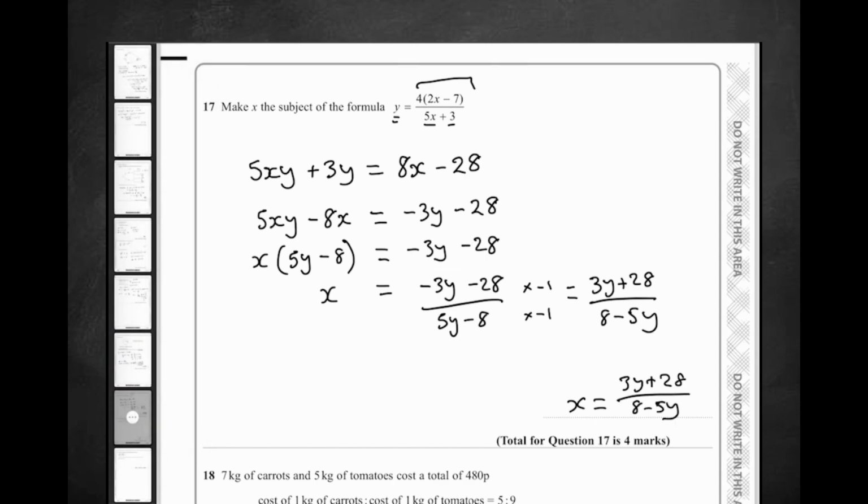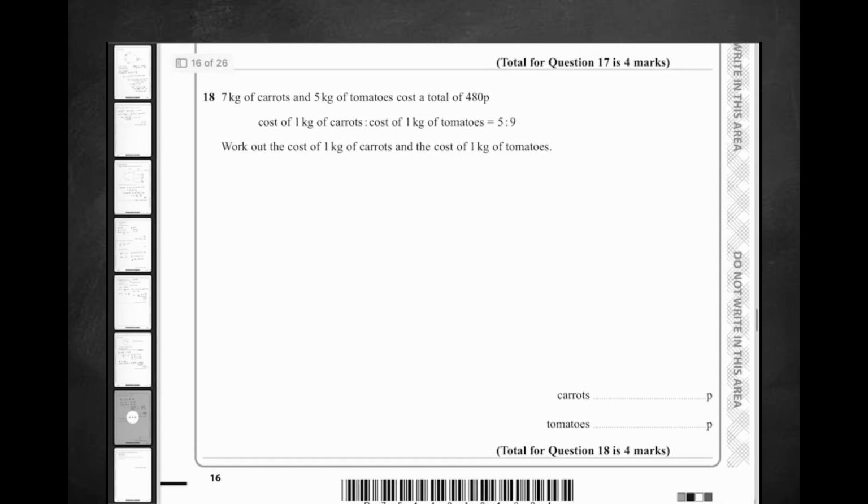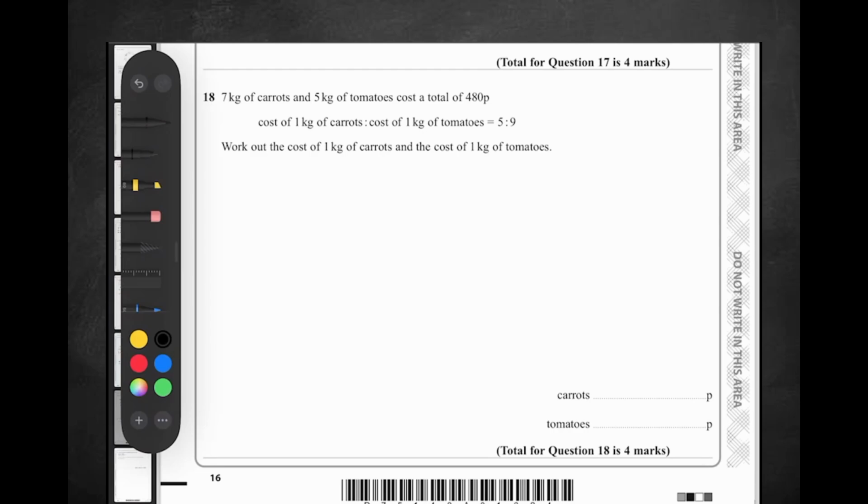Question 18. 7 kilograms of carrots and 5 kilograms of tomatoes cost a total of 480 pence. The cost of 1 kilogram of carrots compared to the cost of 1 kilogram of tomatoes are in the ratio 5 to 9. Work out the cost of 1 kilogram of carrots and the cost of 1 kilogram of tomatoes.